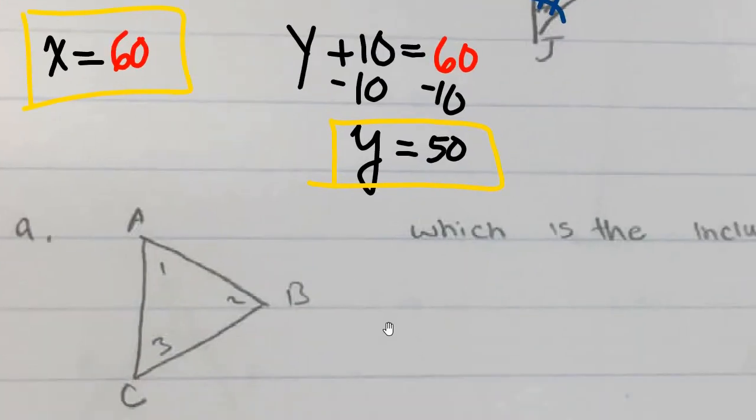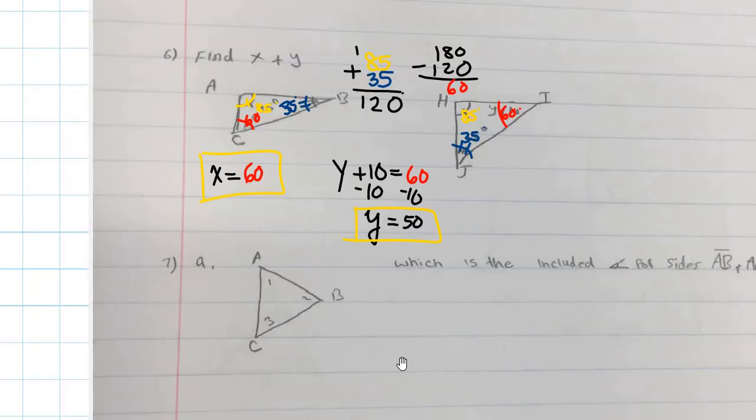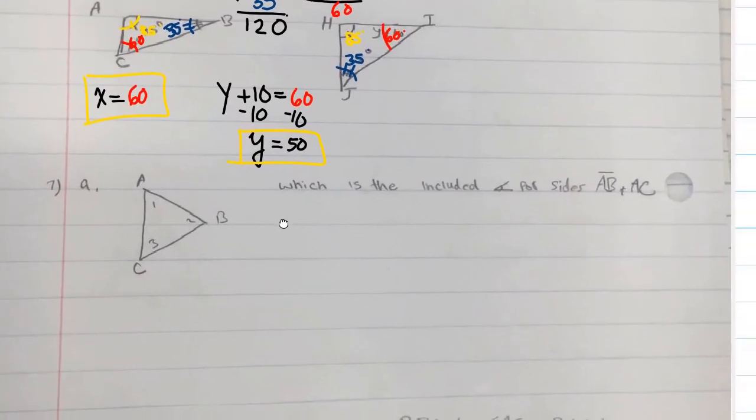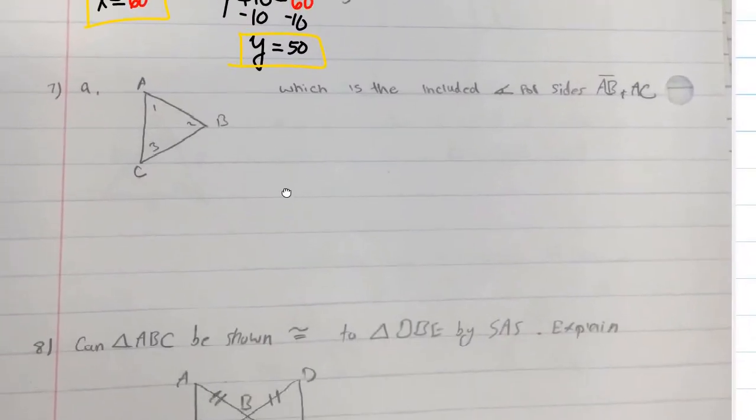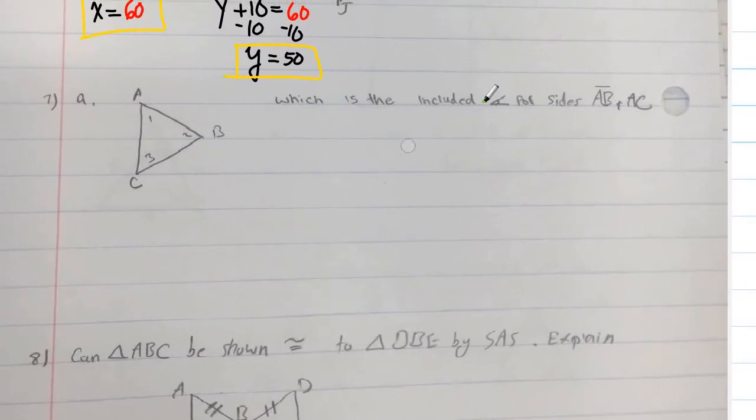Okay, in the next one, Samina, I come back here. It asks, what is the included angle for sides AB and AC? That's an important term. So here's AB, and here is AC.